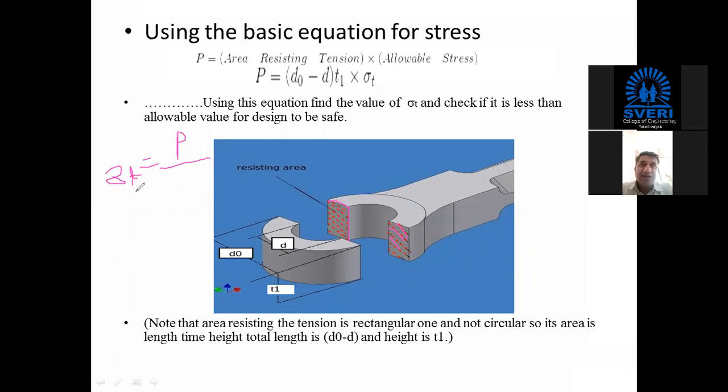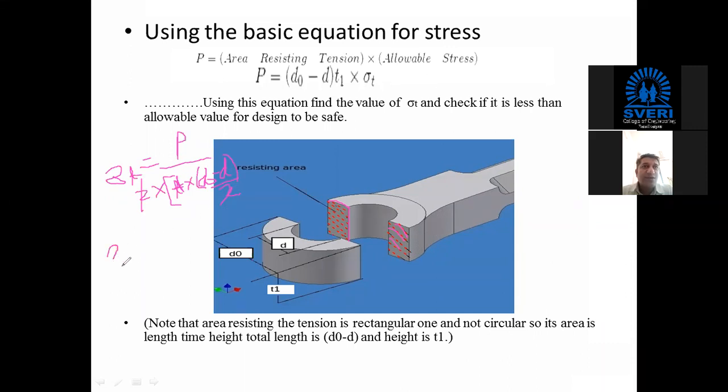So this area will come as 2 multiplied by, because both sides we have to consider this area, T1 into bracket, outer diameter DO minus inner diameter, which will be equal to the diameter of pin, divided by 2, right?